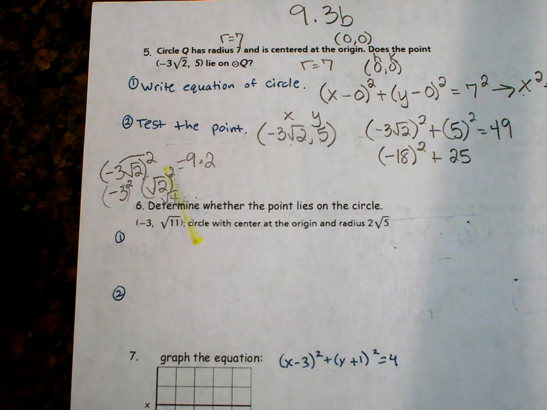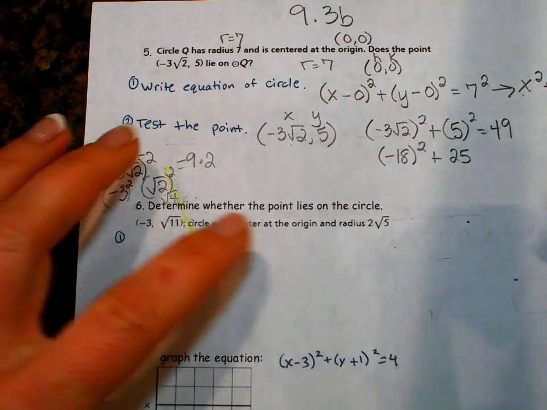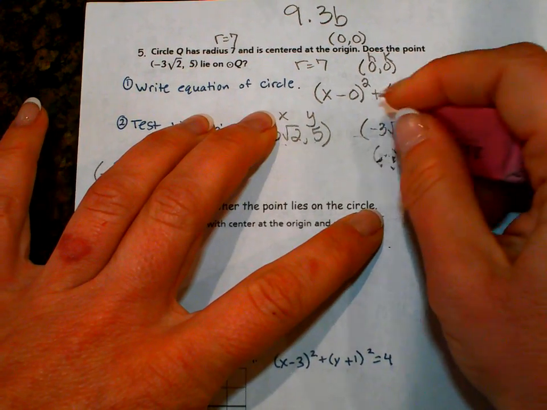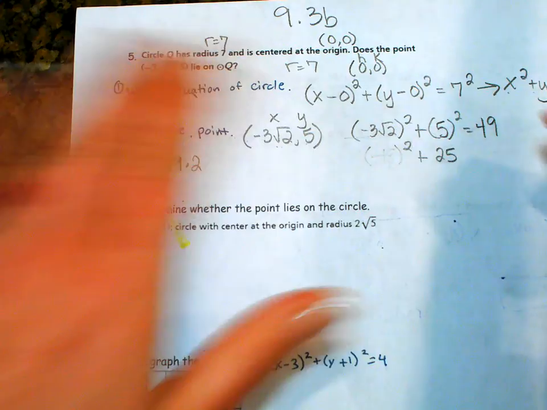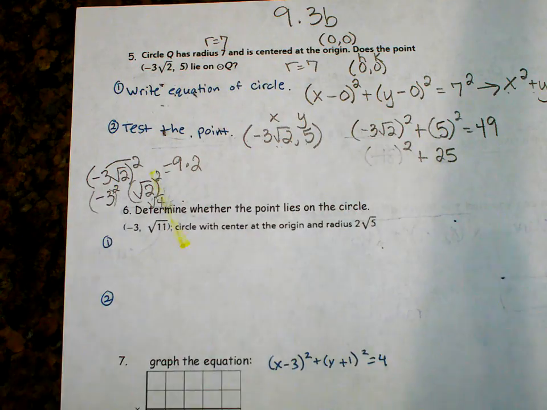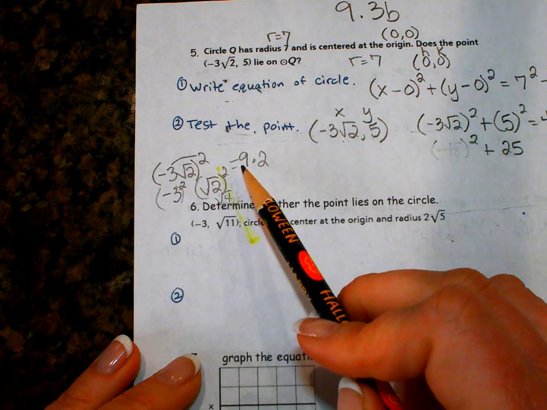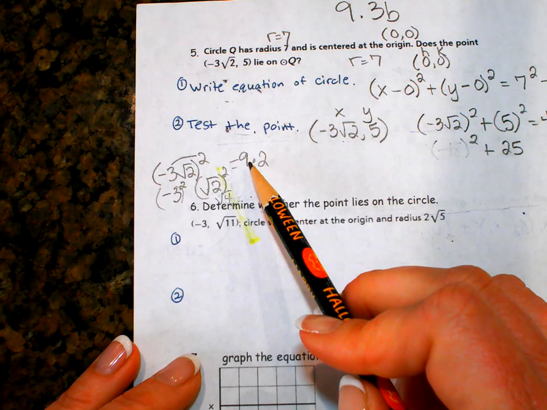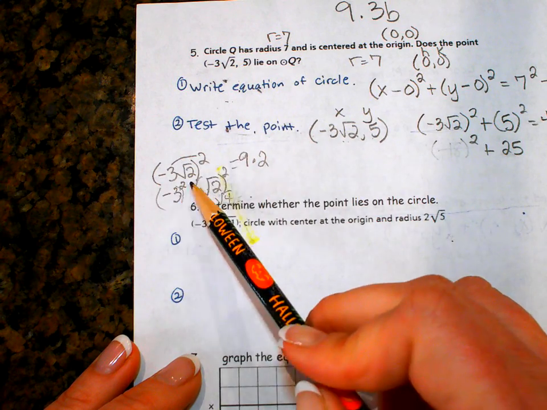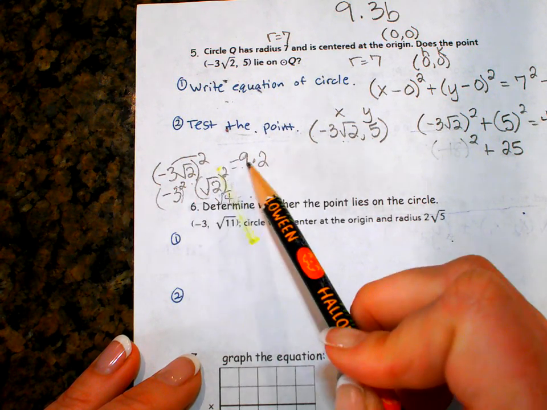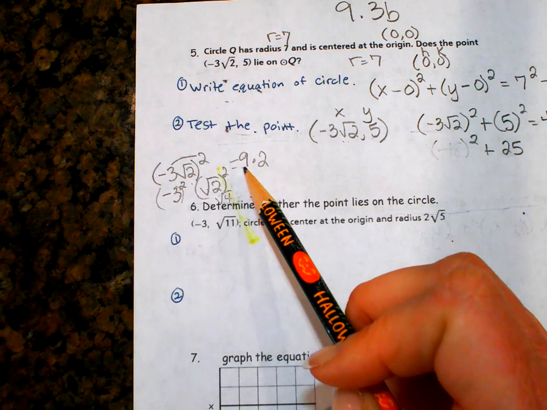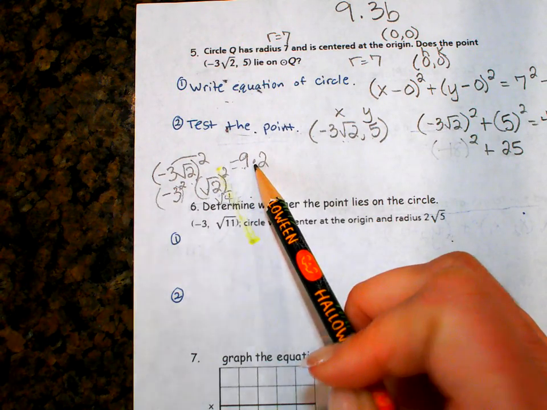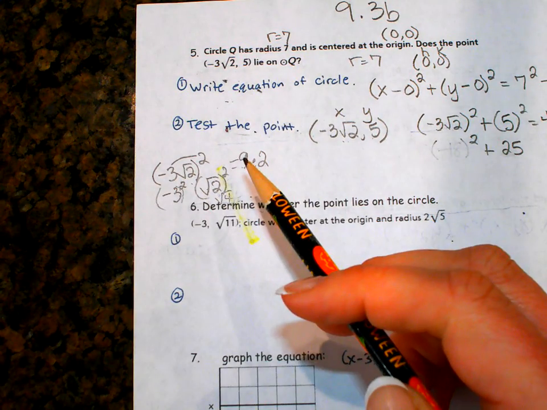I want to rewrite something. When I found negative 3 times negative 3 is positive 9, so 9 times 2, that was 18.